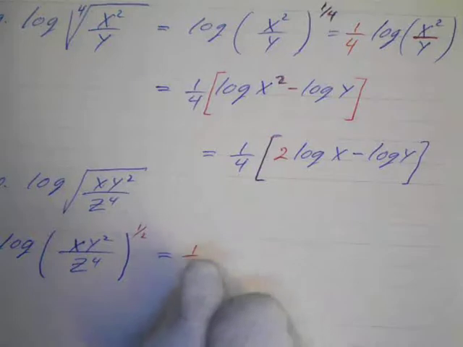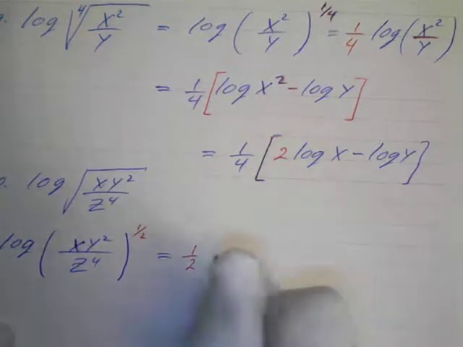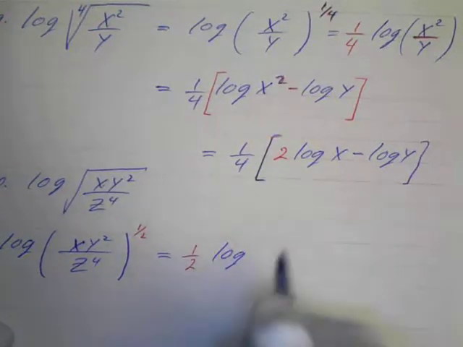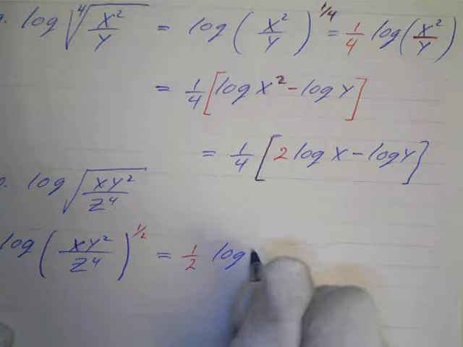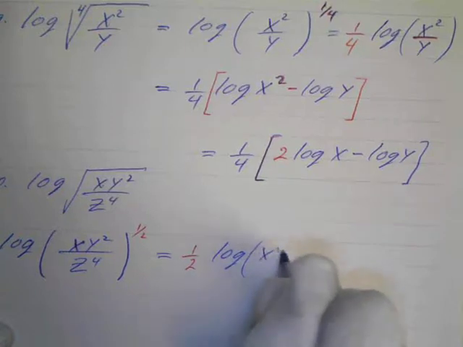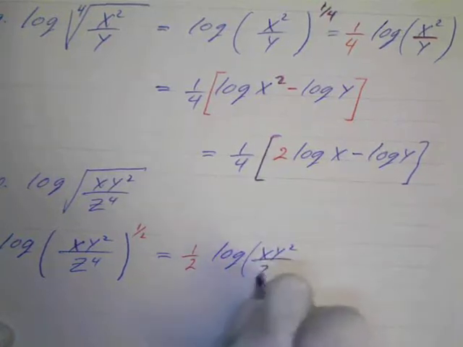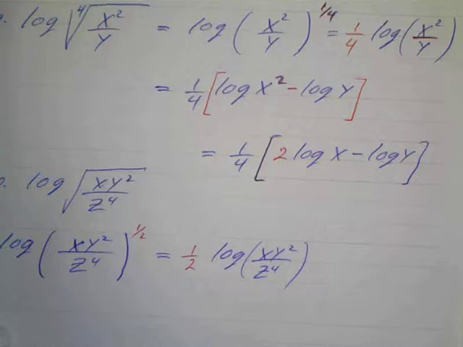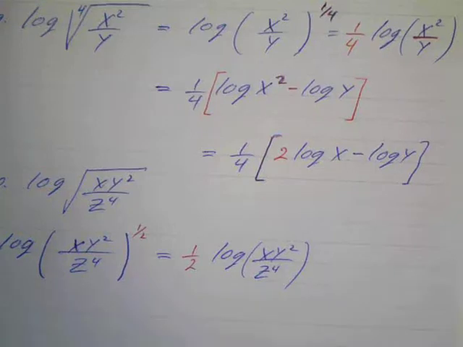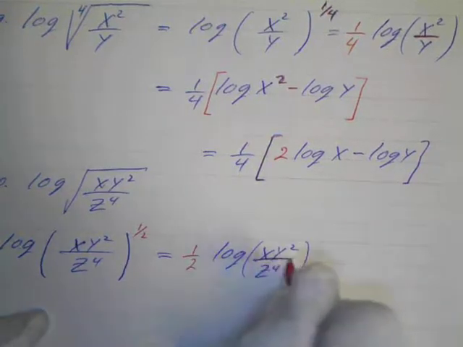So 1/2 times the log of x y squared over z to the 4th. Now I've got a quotient.